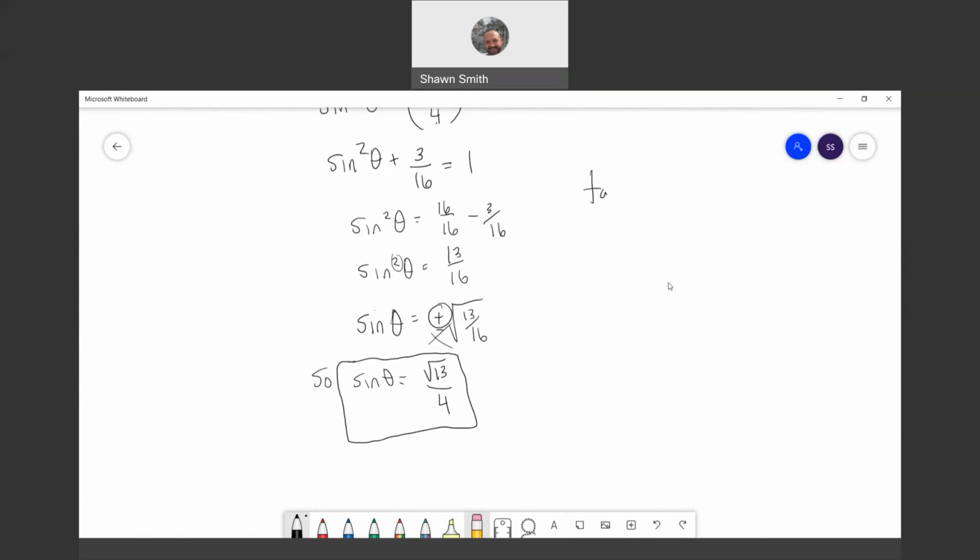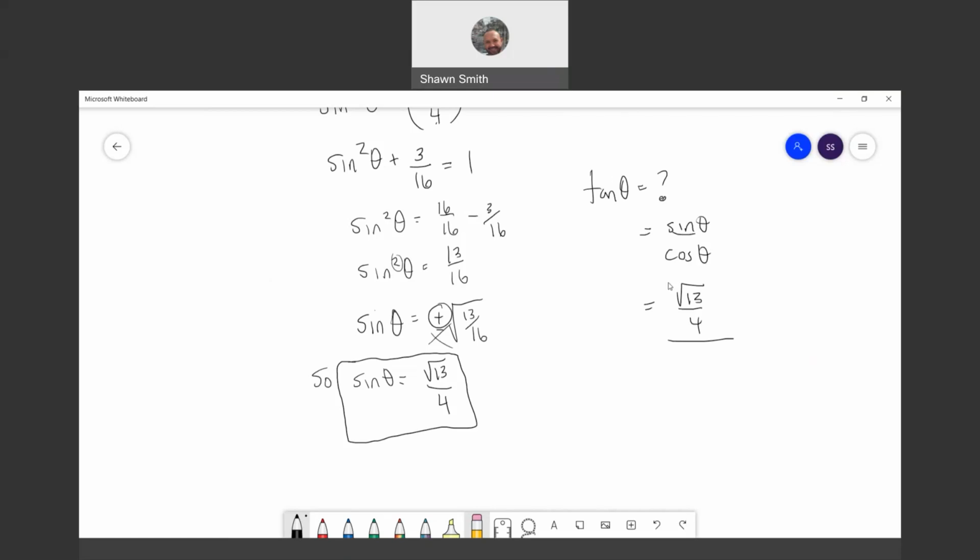What if I ask you, what is the tangent of theta? Well, I can go back and use one of those identities, but we weren't given a whole lot of information with tangent and cosine, which is the given information, right? Or one with tangent and sine that we just found. But I do know that tangent is equal to the sine of theta over the cosine of theta. We just found the sine of theta, square root of 13 over 4, of course.